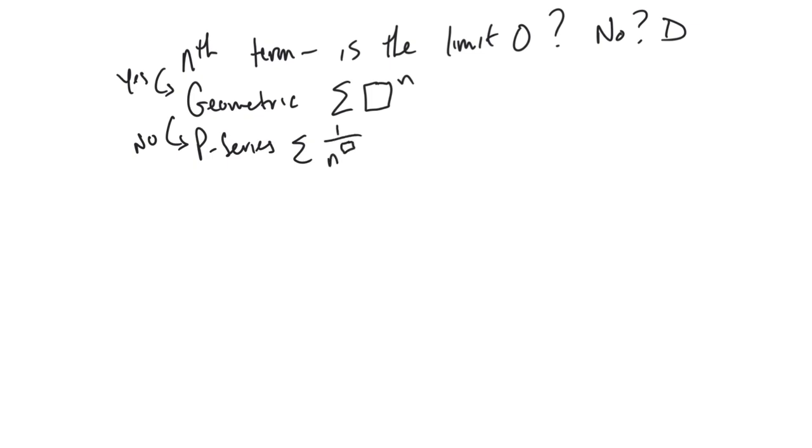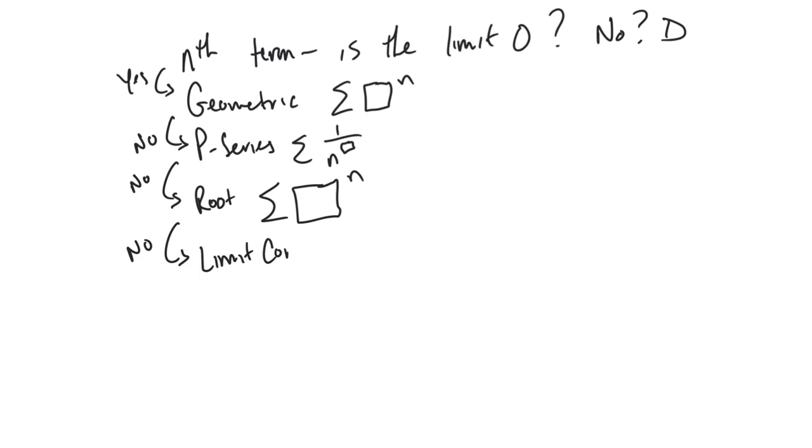Okay. If no, that's not it, then we go to root test. Root test is a function to the nth. Looks very similar to geometric, very similar rules. If no, we go to limit comparison. Limit comparison is one of my favorites, very powerful.